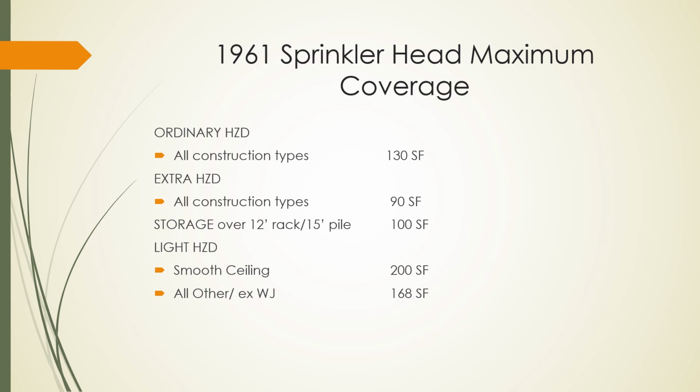All other, excluding wood joist, are 168. I believe wood joist is 130. It all comes into play in determining what the design is. So the sprinkler head coverage in conjunction with the pipe schedule will give you an indication of what the sprinkler design was expected to be.